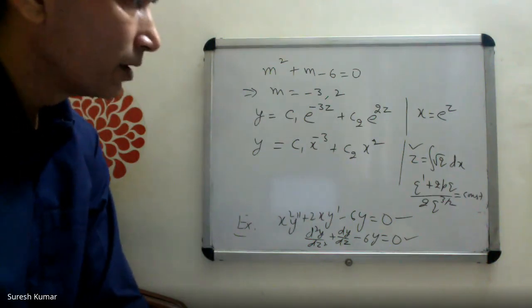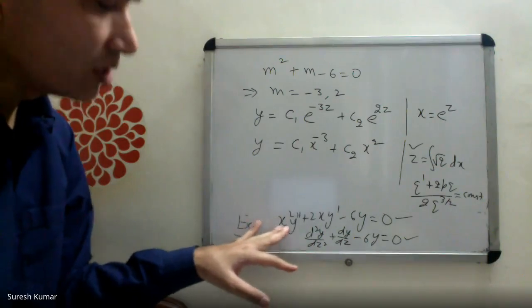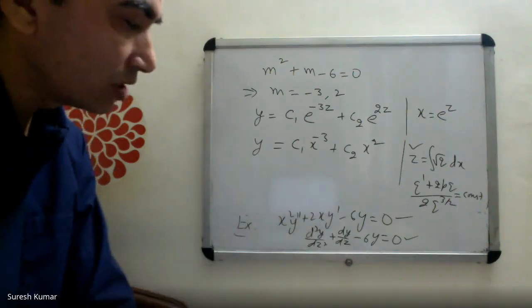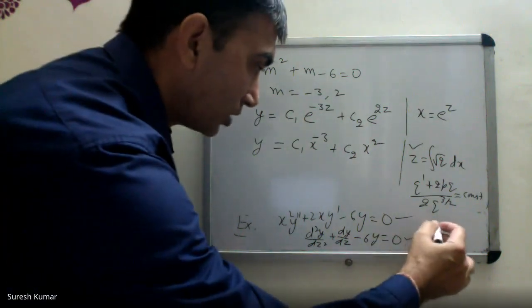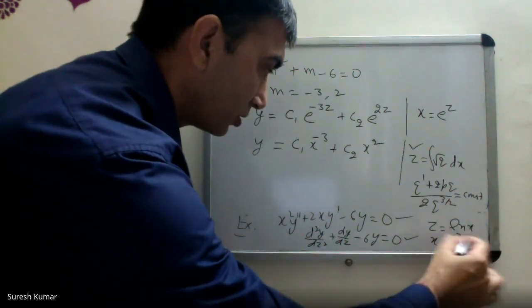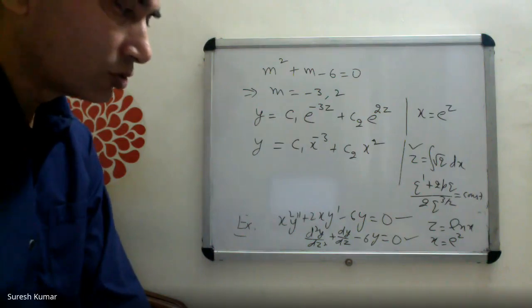And second, when you have this format of equation, x square into y double prime plus x into y prime plus y, if this kind of situation is there, then use z equal to ln x or x equal to e power z. Two transformations I've told you. We can also use z equal to integration of root q dx as well, right?